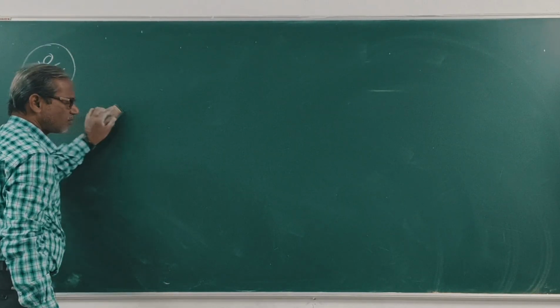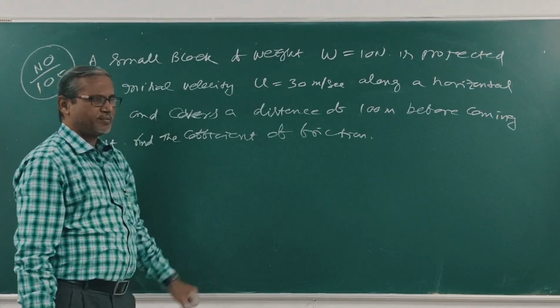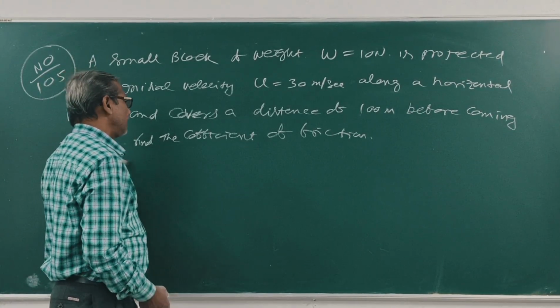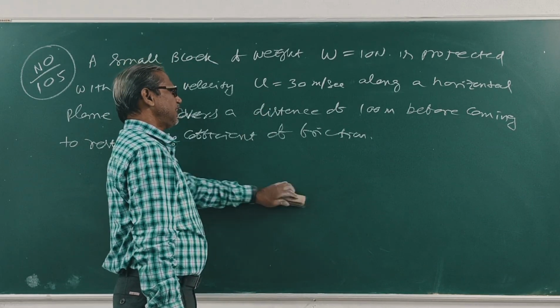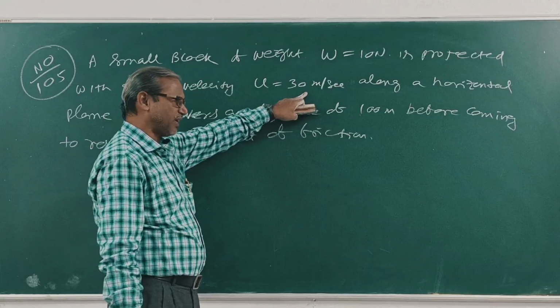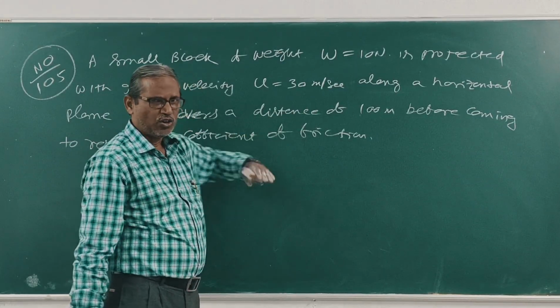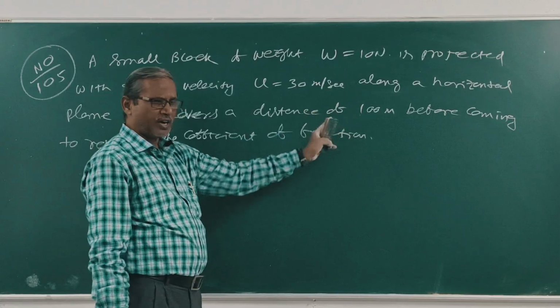This is question number 105. The question is: a small block of weight W is equal to 10 Newton is projected with initial velocity 30 meter per second along a horizontal plane and covers a distance of 100 meters before coming to rest.